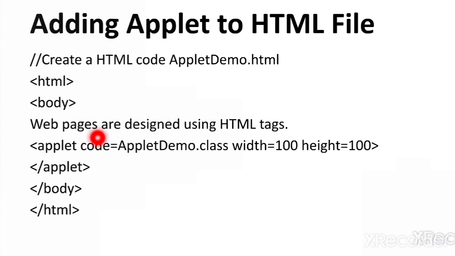Here I have created an HTML document with a body which contains only textual information. Here I am printing a statement that web pages are designed using HTML tags. After displaying this sentence, next I wanted to display the output of an applet program. Hence, I am inserting an applet tag below this sentence.